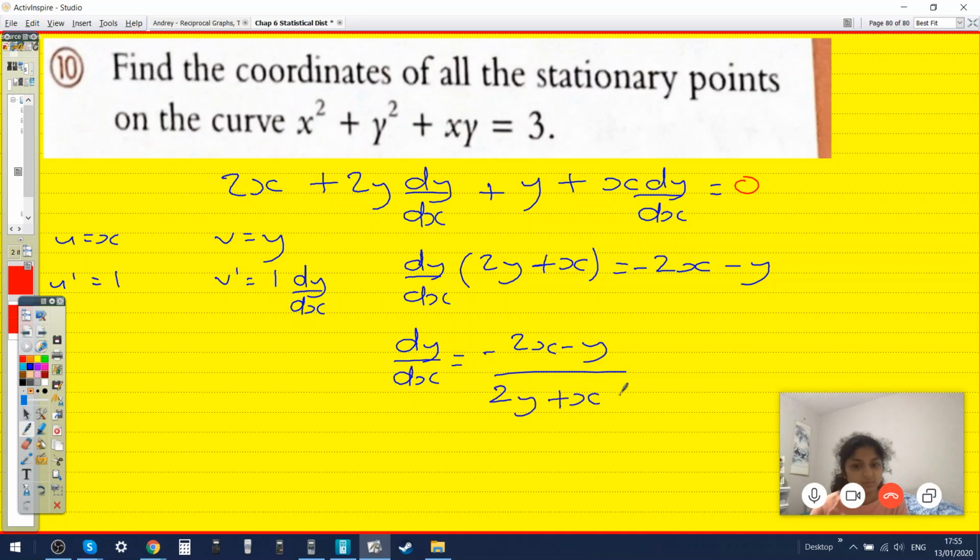And we have to do stationary points? Yeah, equals 0. So if you bring the denominator up to the other side, then you would just have minus 2x minus y is equal to 0.